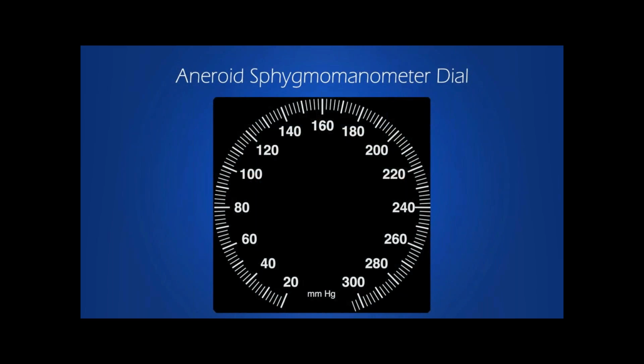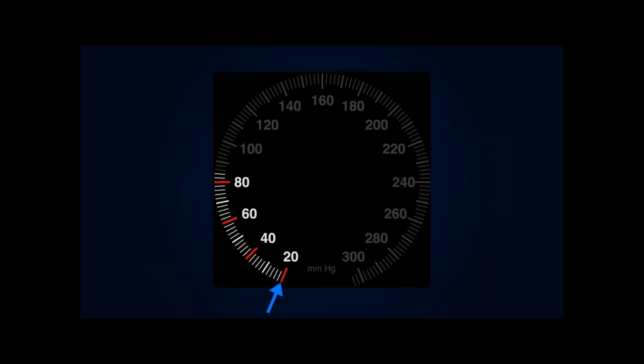This is the aneroid sphygmomanometer dial, also known as the blood pressure dial. The dial has the letters mmHg because blood pressure is measured in millimeters of mercury. Also on the dial, you'll notice that there are lines in various sizes. The largest lines represent values of 20.